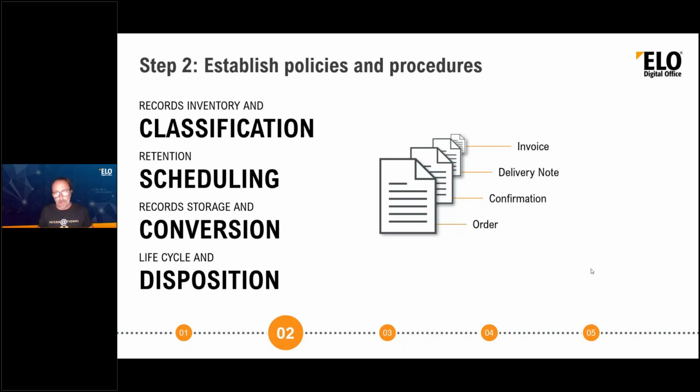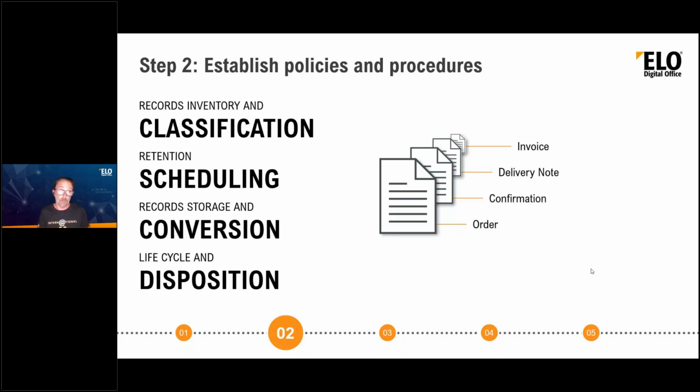And then they can establish policies and procedures, what's happening when we receive a document. How can we identify that the document is a delivery note which belongs to this project, to this purchasing record, to something else? That's the procedure, how to file the information which we receive.